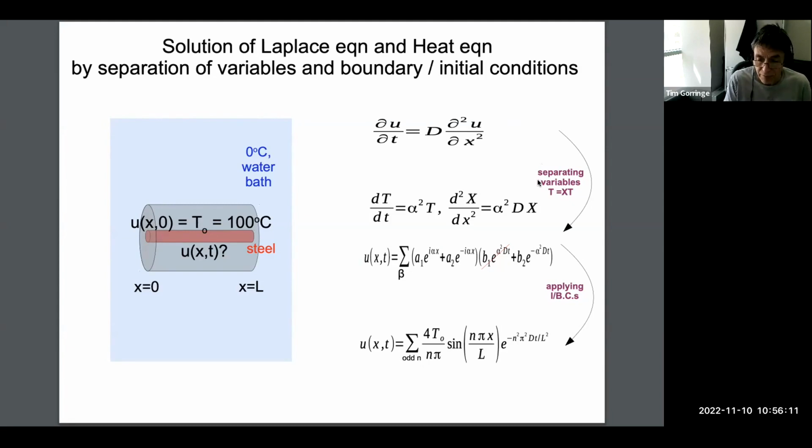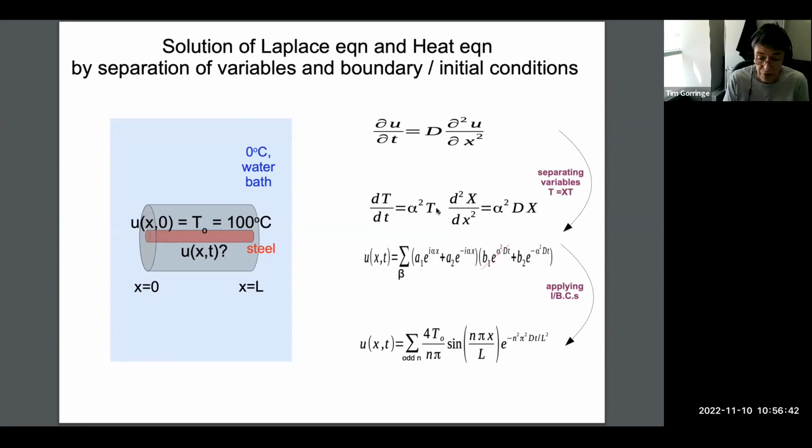So I'm hypothesizing here that U can be written as a product of a function X, describing the spatial dependence of the temperature, and T describing the time dependence. If I do that, I can break the single partial differential equation down into two ordinary differential equations, one describing the time dependence over here on the left, one describing the space dependence over here on the right-hand side.